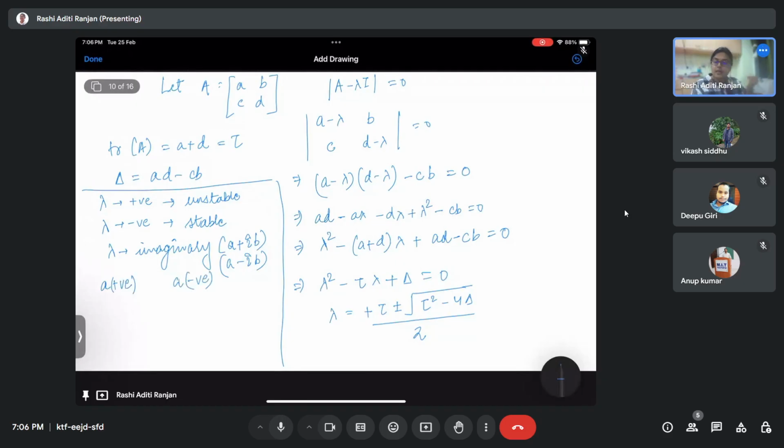If you remember, if I have e to the power iota theta, I can write it as cos theta plus iota sine theta, which is nothing but a sinusoidal kind of solution. So it will just oscillate for a constant amplitude and a constant frequency. Definitely the amplitude will depend upon the initial condition. If it's a nonlinear system, the frequency would depend upon the initial condition. That is different, but it is going to have a periodic solution, right?